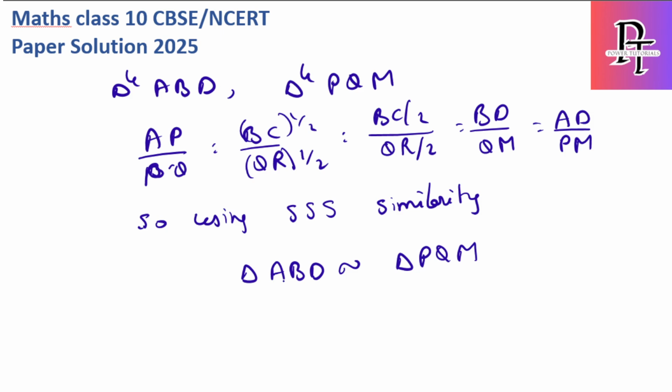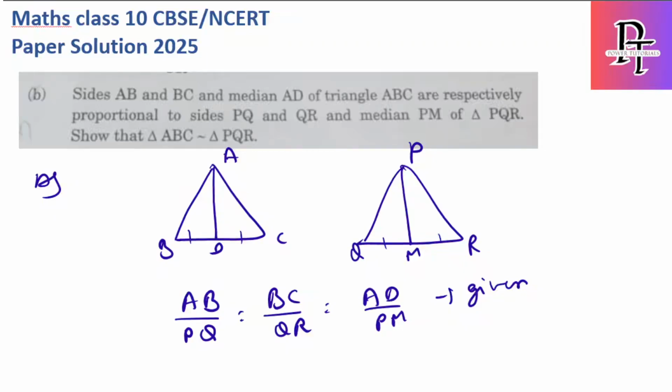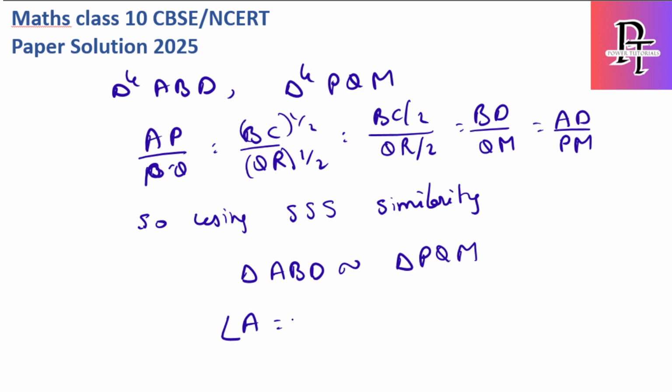If triangles are similar, corresponding angles are equal. So angle B is equal to angle Q, corresponding angles.